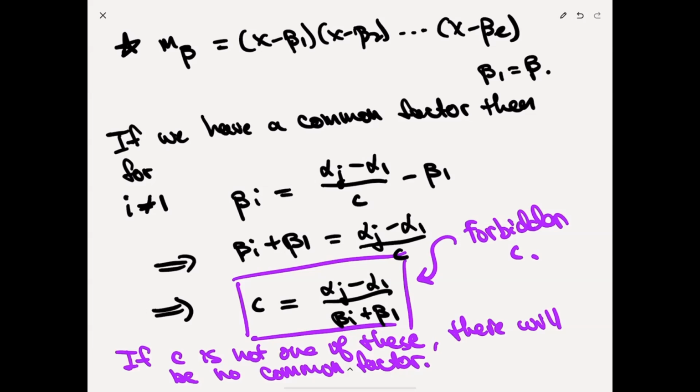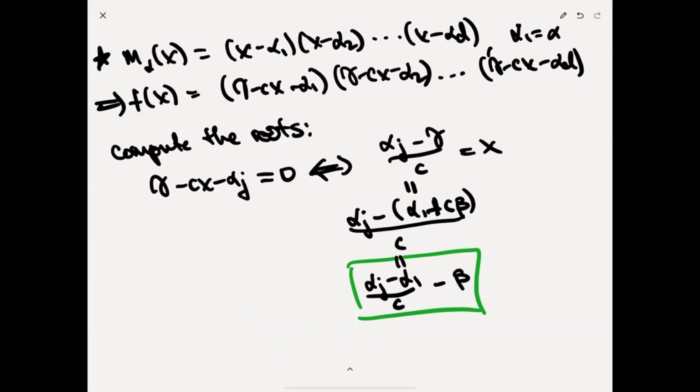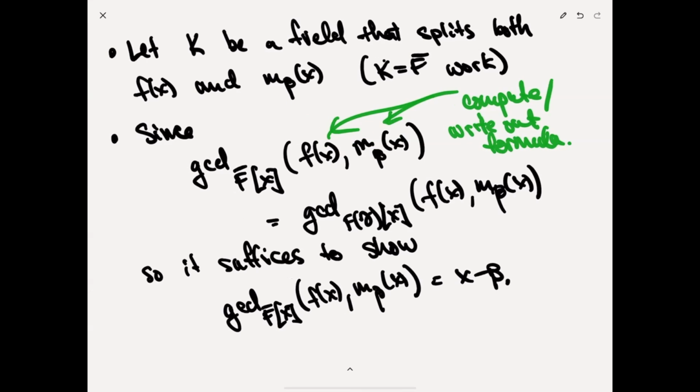These are the c's that we have to avoid. There's finitely many of them, so pretty much every c will work, and most of the time c equal to 1 will work.